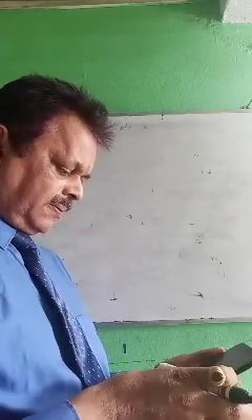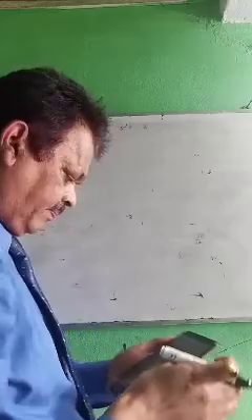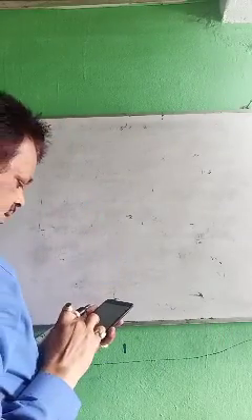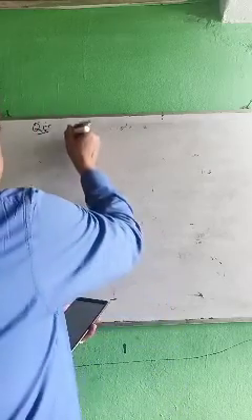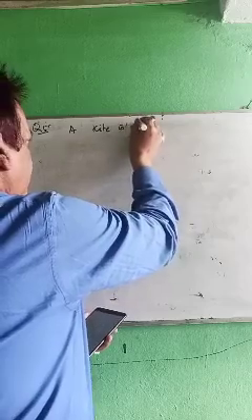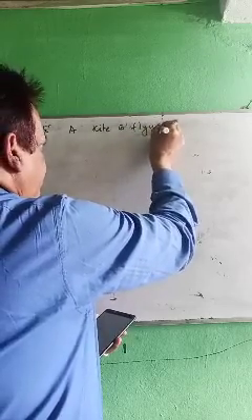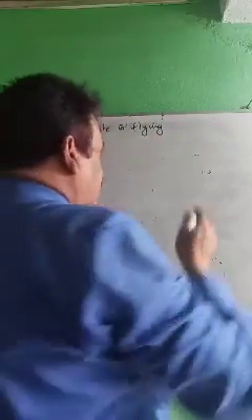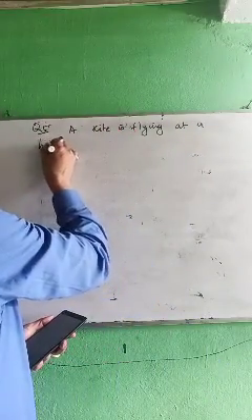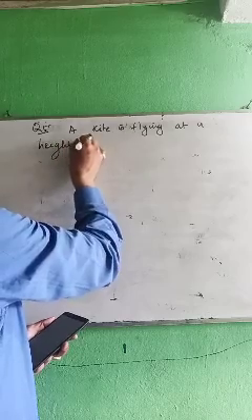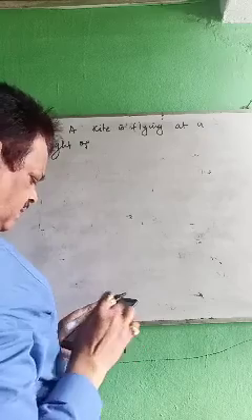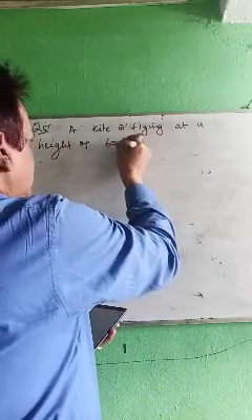See question number 5. A kite is flying at a height of 60 meter above the ground.